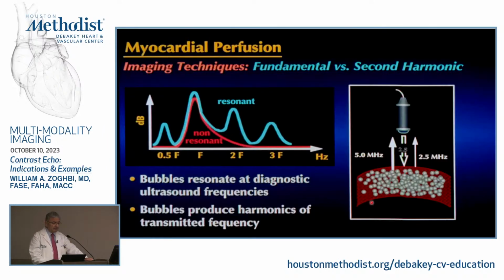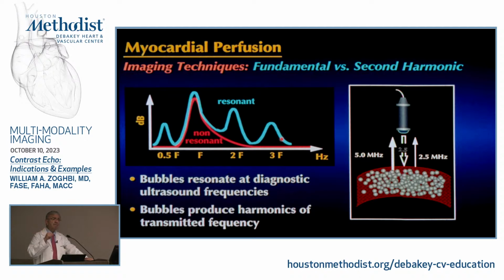So, we talked about in the early basic science of ultrasound that we send ultrasound at a fundamental frequency, and we also talked about that these microbubbles are very resonant. You'll hit it and it will emit frequencies that are not only in the fundamental range, but there are multiple of those frequencies.